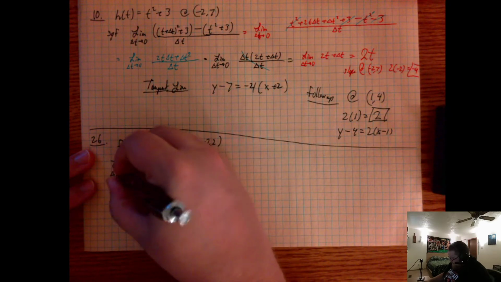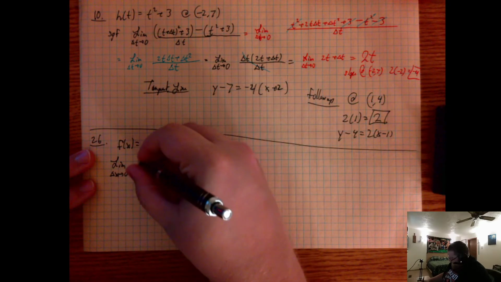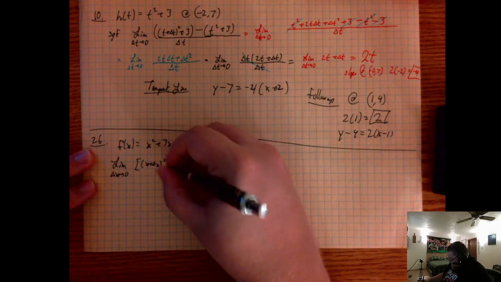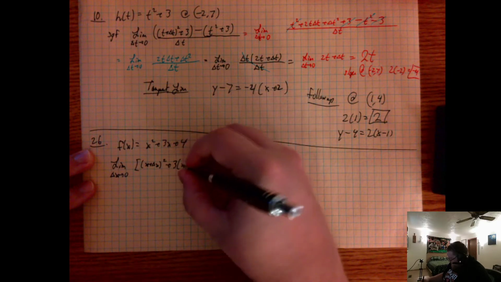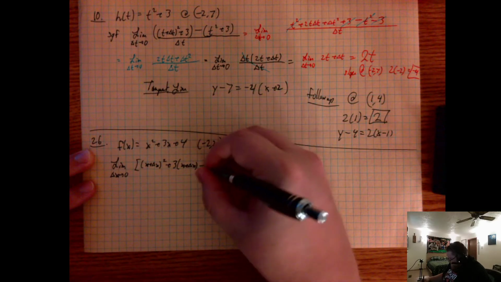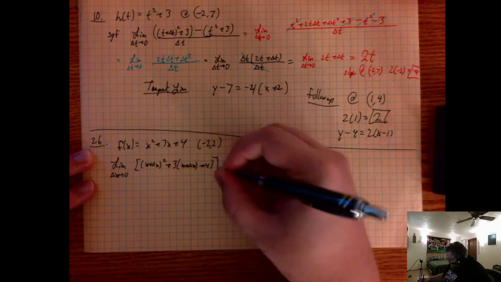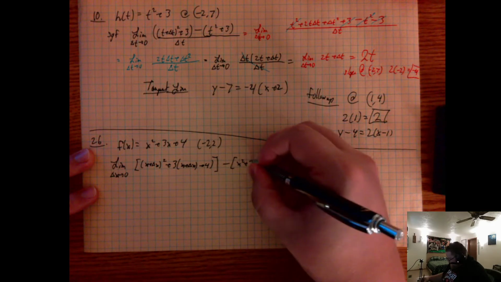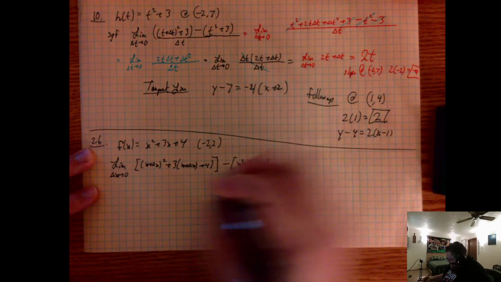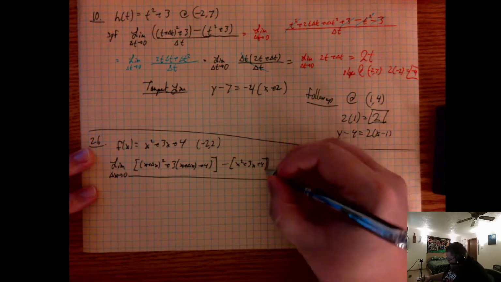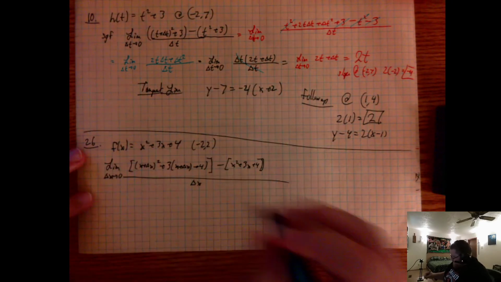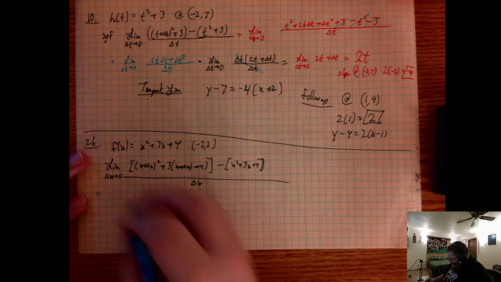Limit as delta x approaches 0 of x plus delta x squared plus 3 times x plus delta x plus 4 minus x squared plus 3x plus 4, all over delta x. Okay, let's go ahead and do our first limit.